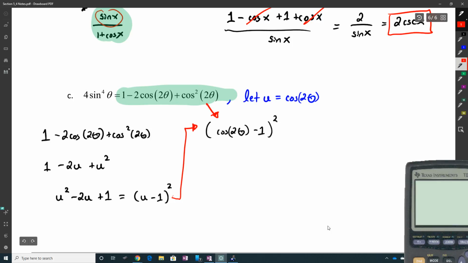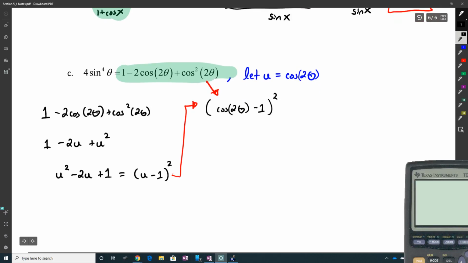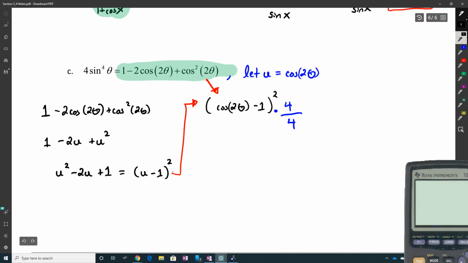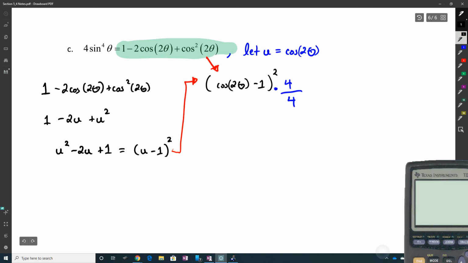Okay? So now this is almost the formula. What I want is to change this up a bit. Remember, my formula has a 2 on the bottom. So what I'm going to do is multiply by 4 over 4. The reason is, what am I picking? 4 cosine of 2 theta minus 1.